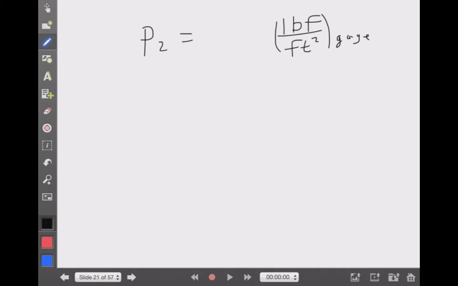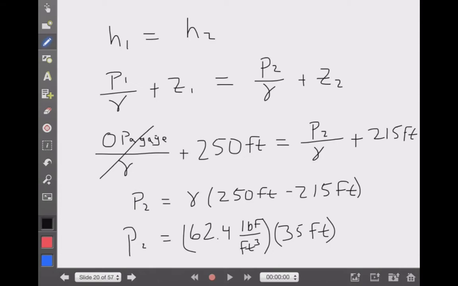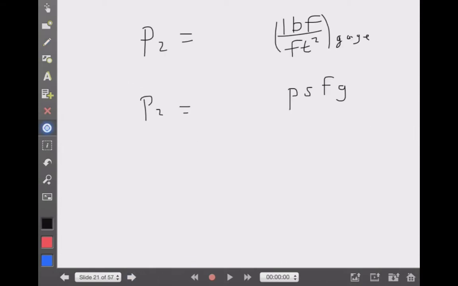This same unit is what we call PSF, pounds per square foot gauge. And if we do the math, 35 times 62.4, we get a value of 2184.